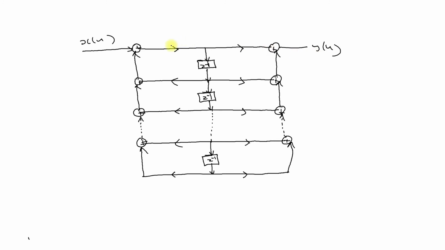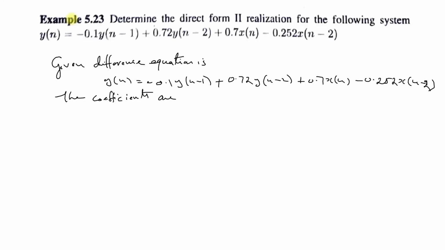Now put the coefficient values. Here it is minus a1, here it is minus a2, here it is minus a(n minus 1), here it is minus an, here it is b0, b1, b2, this is b(m minus 1), this is bm. So this is the standard structure of the direct form 2 realization.